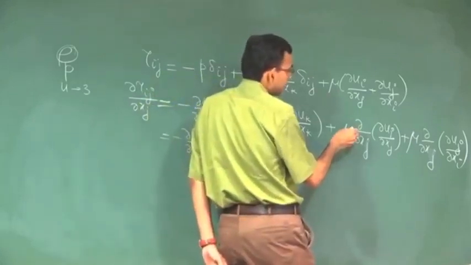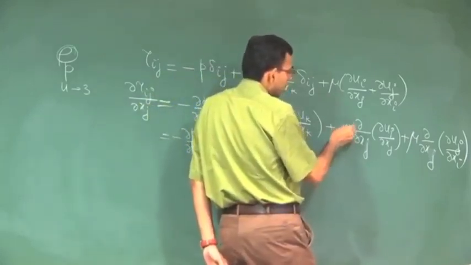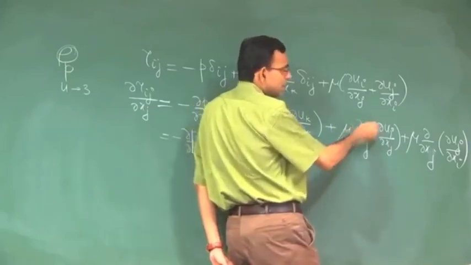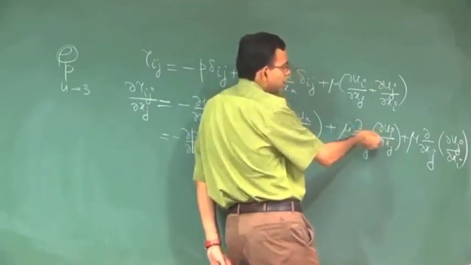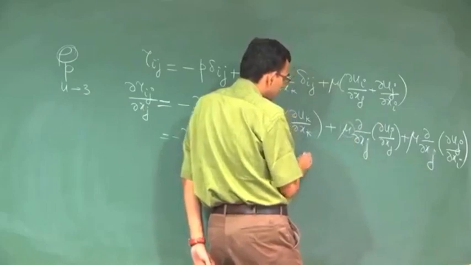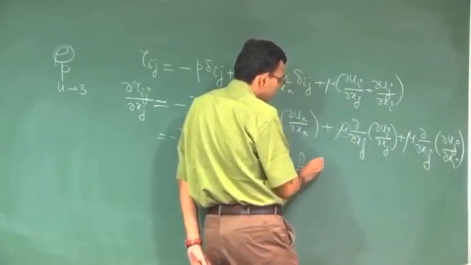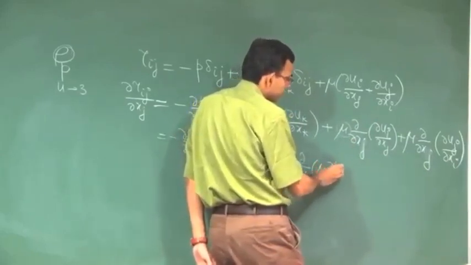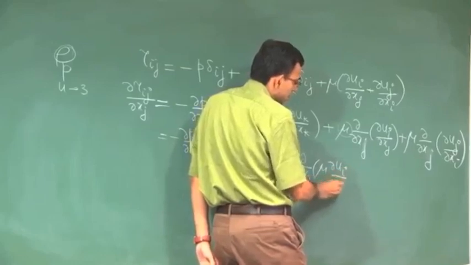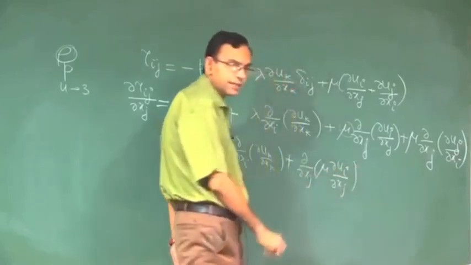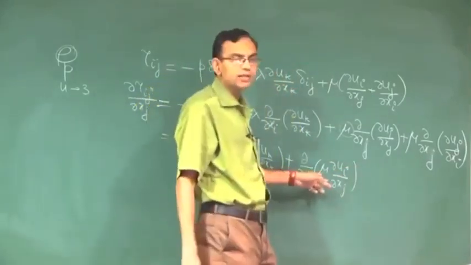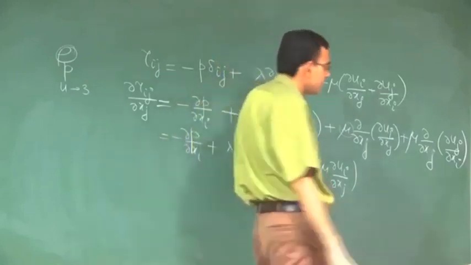Because this mu is a constant, you could take it inside the derivative or outside the derivative, it does not make much of a difference. This is the way in which we write it, because it is not a function of position, this will not matter.